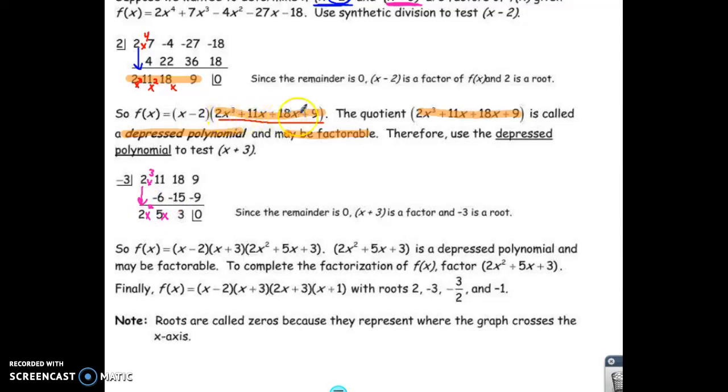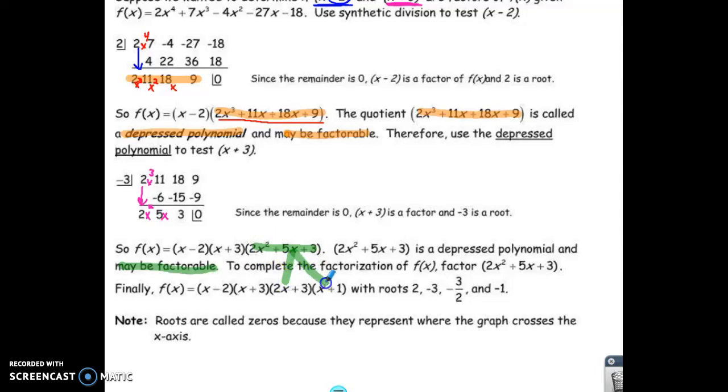So this was our depressed polynomial. We did the x plus 3, divided it into it. It went into it evenly. We can see we have a remainder of 0. And now this depressed polynomial may be factorable. There it is, may be factorable. And if you notice, this depressed polynomial here, degree 2, we can play tic-tac-toe or A times C, rewrite B.